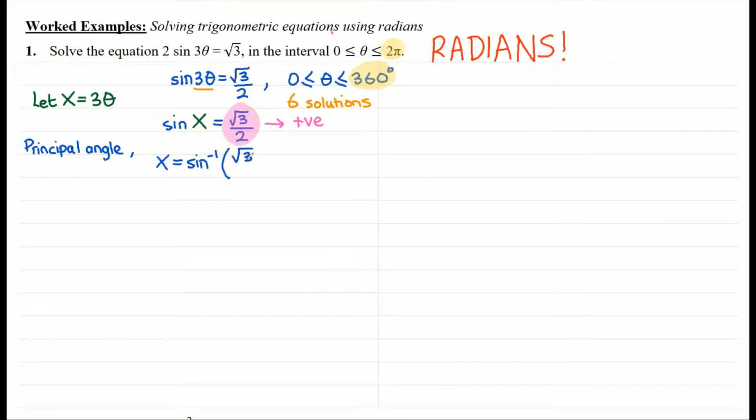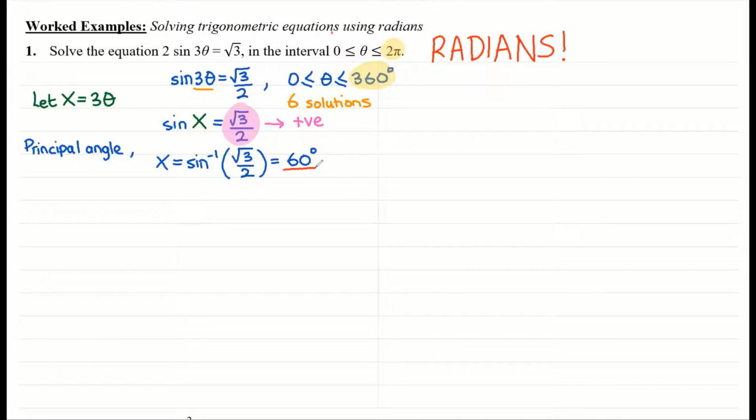If you do that on your calculator, in degrees of course, you're going to get 60. Why not? It's nice and straightforward. It's about the methodology, isn't it? It's not about having complicated answers.